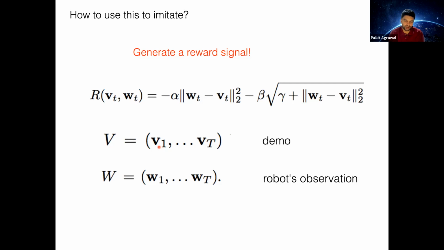I mean, it could do it faster than the demonstration, it could do it slower than the demonstration, and eventually you will get the same result. But out of these many possible solutions, this reward function picks one of those solutions, which is where the robot tries to match the demonstration frame by frame. Does it clarify your question, Dhruv? Yeah.